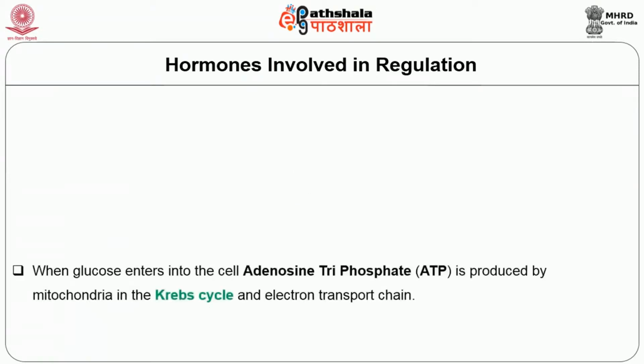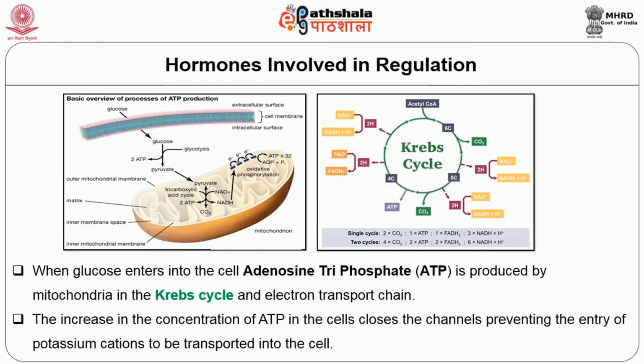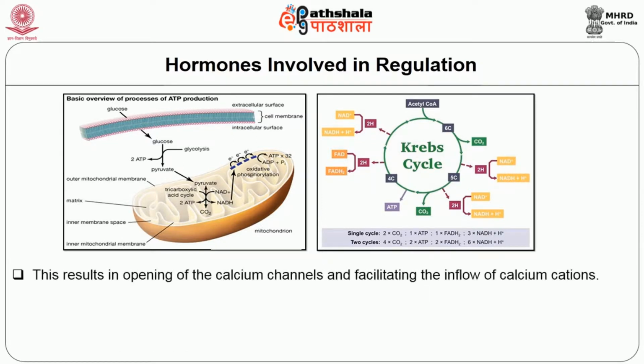When glucose enters into cell, adenosine triphosphate is produced by mitochondria in the Krebs cycle and electron transport chain. The increase in the concentration of ATP in the cells closes the channels, preventing the entry of potassium cation to be transported into this cell. This results in opening of the calcium channels and facilitating the inflow of calcium cations.